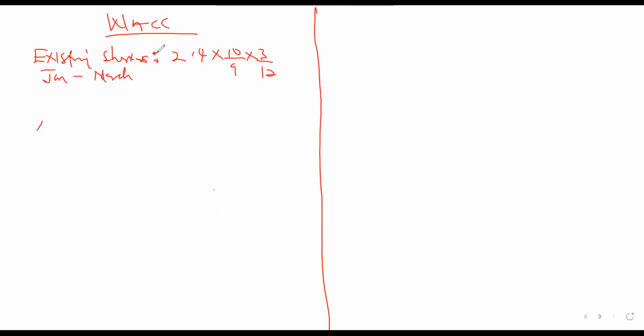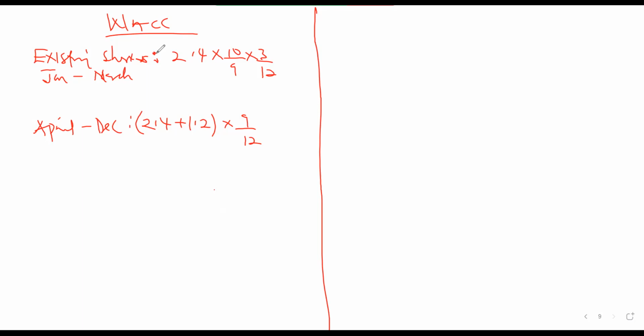Okay, let's count to April to December. April to December, our total number of shares will now be 2.4 plus 1.2. And this will now last for 9 months. Okay, let's see what we are going to be getting. 2.4 times 10/9 times 3/12.